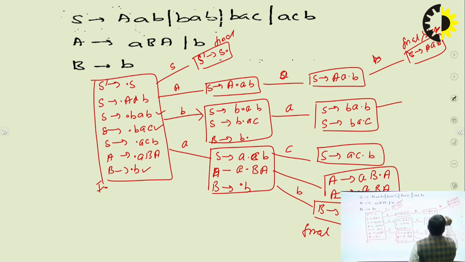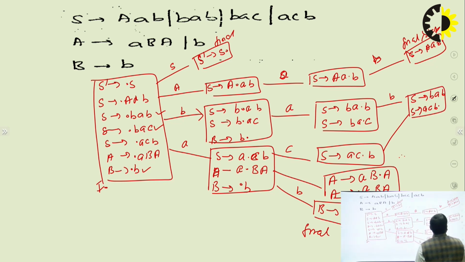Here B, and I think this one is also B. Now this one and this one, both are final states. C, we further explain in S tends to BAB and S tends to ACB dot.